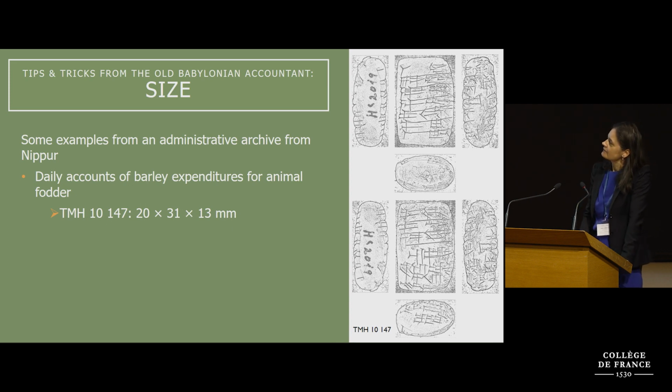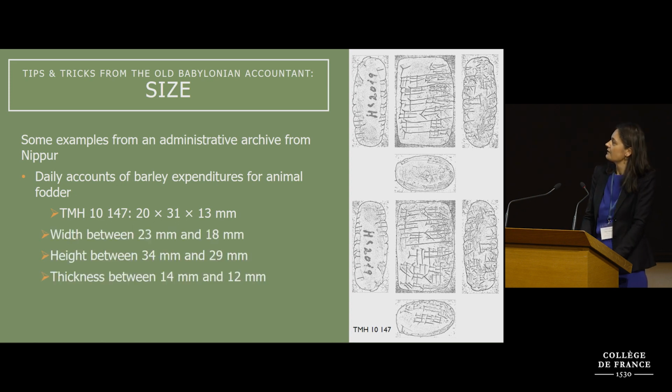And as you can see, it's small, 2 centimeter on 3 centimeter, and it's very thin. So the range is actually quite small. If you look at the different tablets, the thickness always lies between 14 millimeters and 12 millimeters.